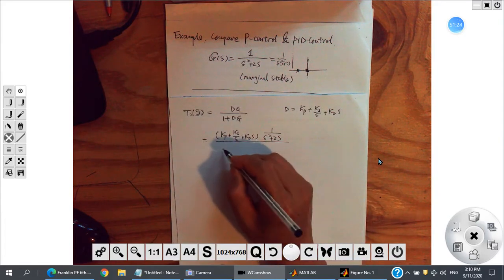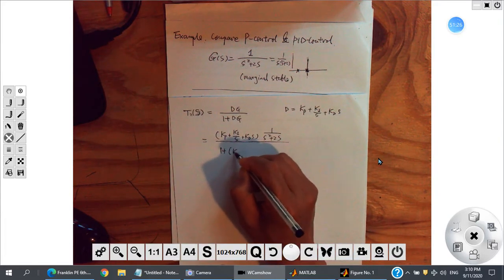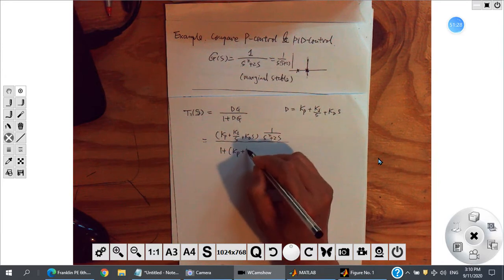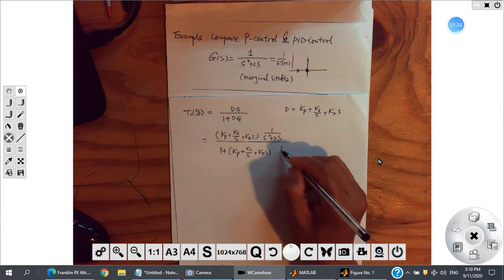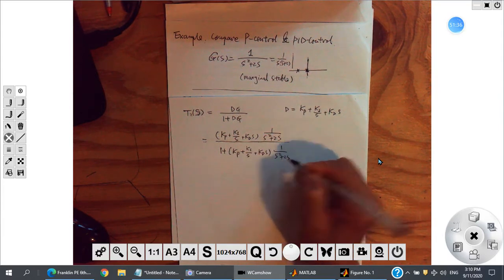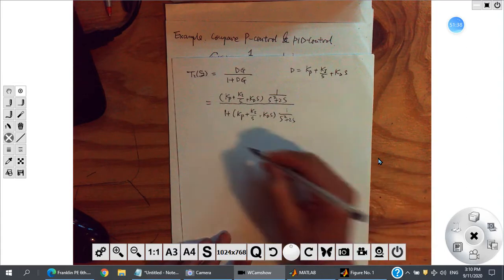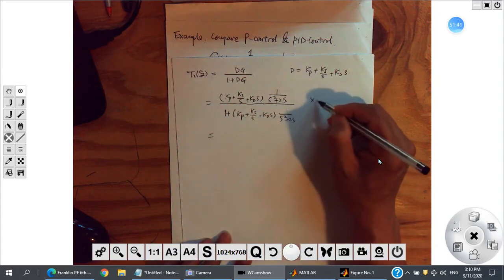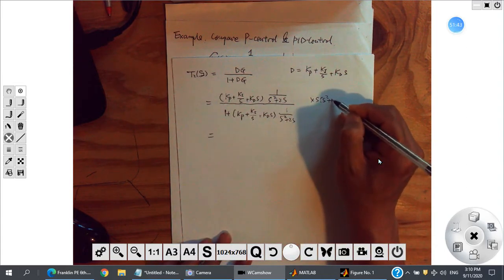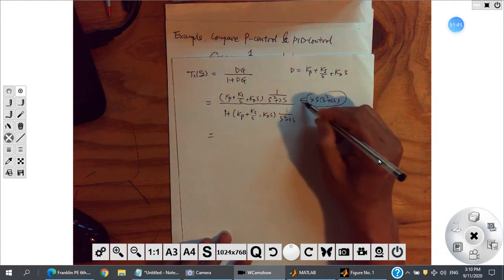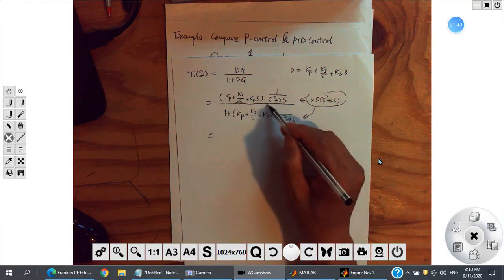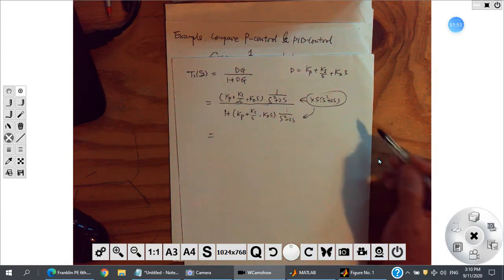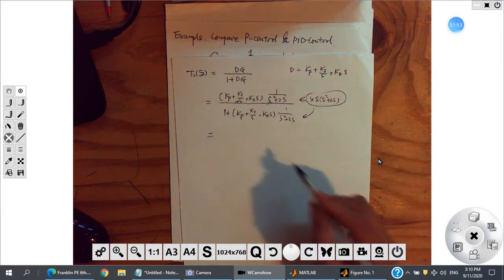And then 1 plus D. This is D, I just copy it: kp plus ki over s plus kd s. And G is 1 over s squared plus 2s. Then I multiply s squared plus 2s on both numerator and denominator.